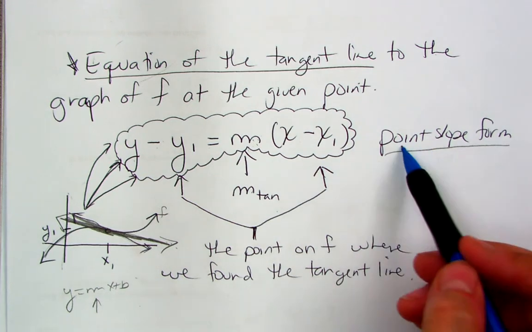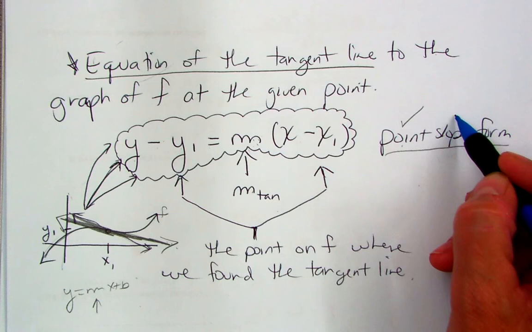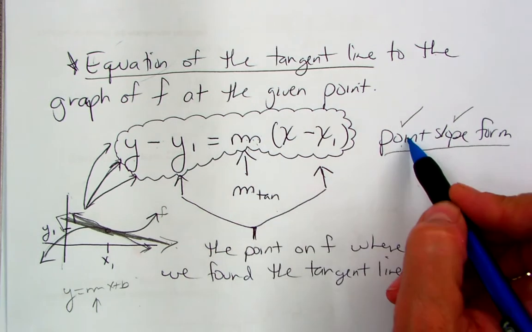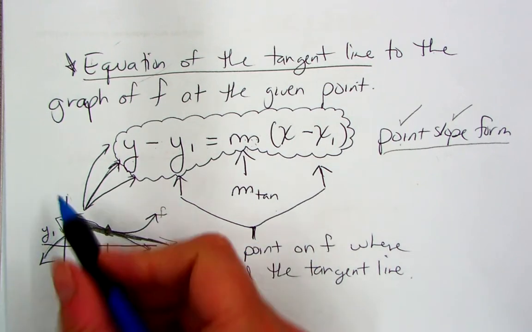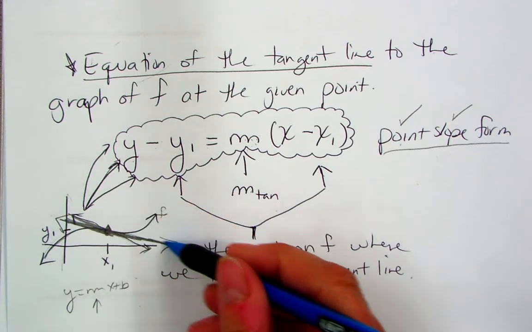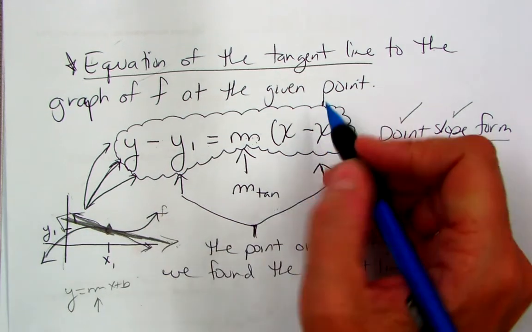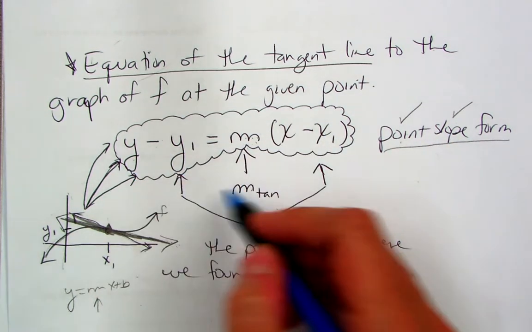But in point slope form, all I need to know is a point that lives on the line and the slope of it. Well, I already have the slope. Put it here. All I need is one point. Well, this point lives on this f function, and this point lives on this tangent line. So I'm going to take that point x1, y1 and put it here and here. Now I have the equation.